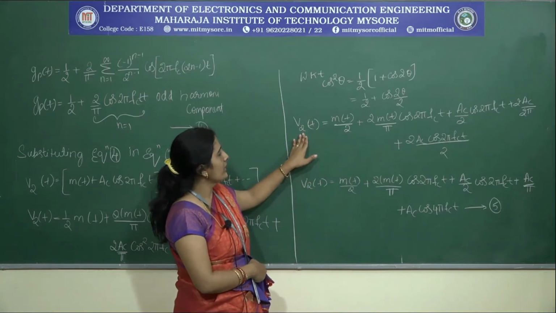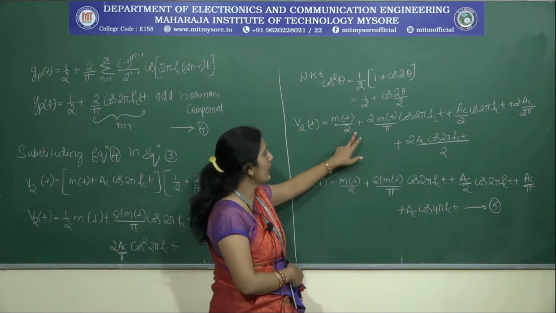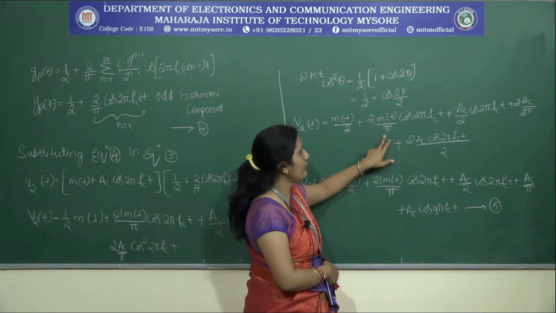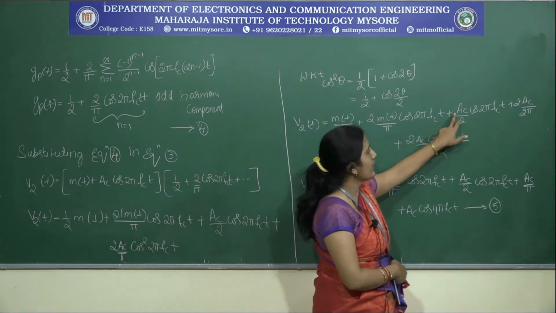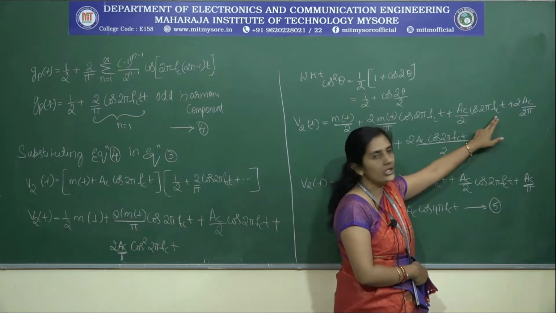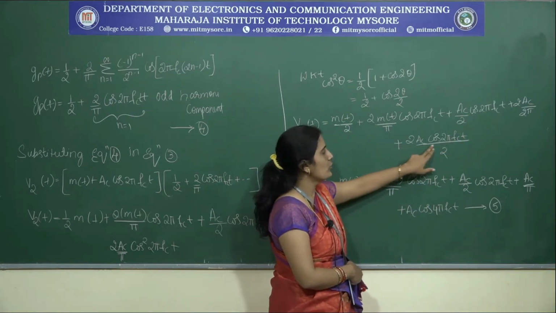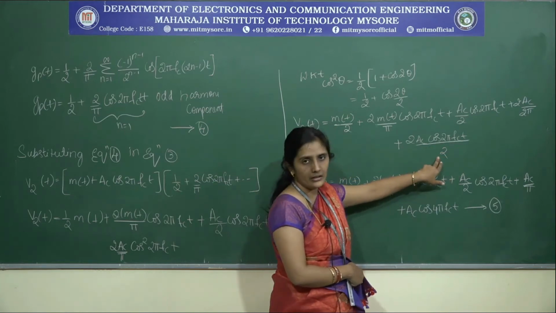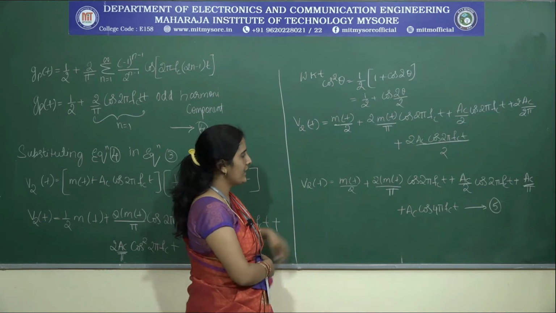Now substituting this, V2 of t is equal to m of t divided by 2 plus 2 into m of t divided by pi cos 2 pi fct plus AC divided by 2 cos 2 pi fct plus 2 into AC divided by 2 pi plus 2 AC cos 4 pi fct divided by 2. So overall we can write the equation like this.